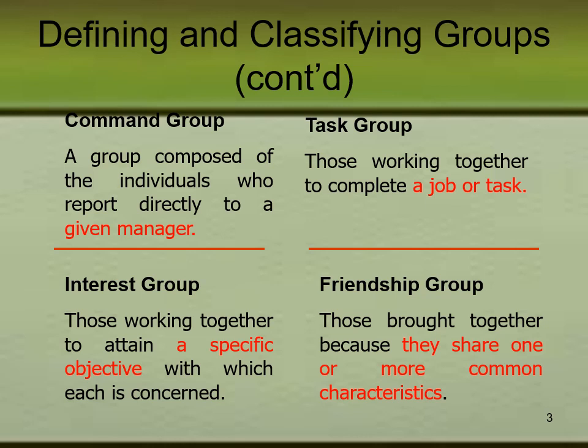Whereas the friendship group is another classification of informal group. It is those brought together because they share one or more common characteristics. So a friendship group is a group that you form because you share the same characteristic with other people. Yang ni selalu kita panggil clique lah, gang.